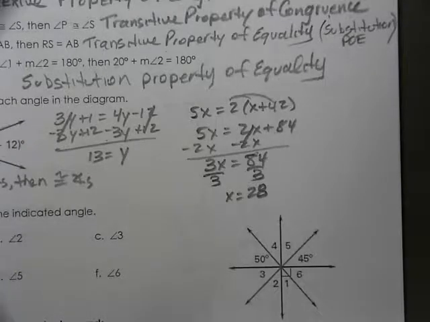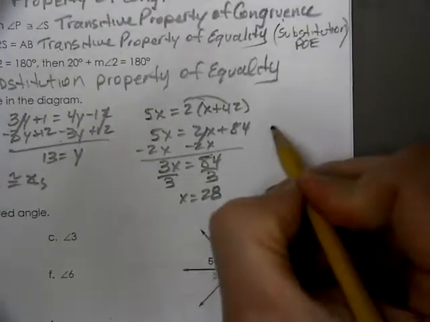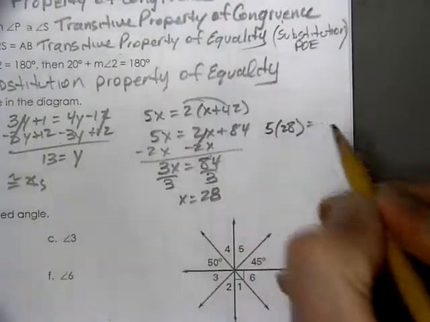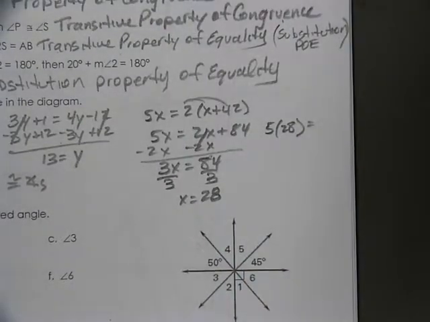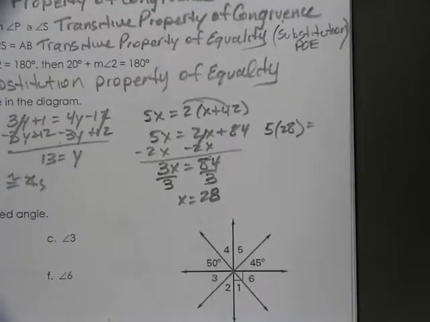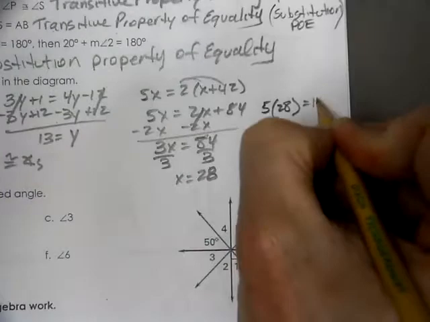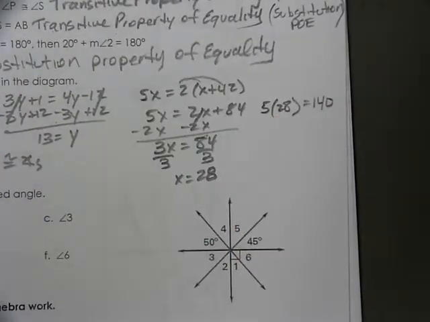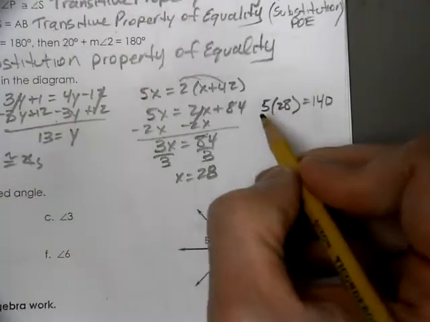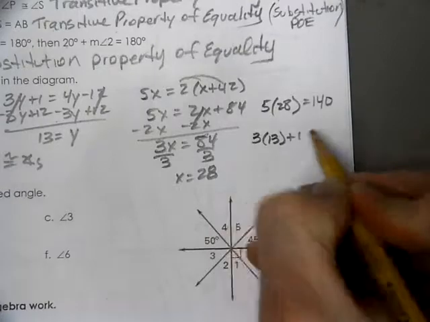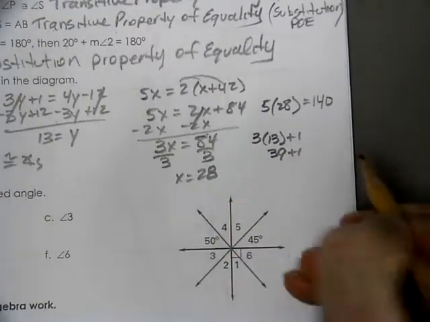Find the measure of each angle. So 5 times 28. It's going to be 140. And that's going to be true to its vertical angle. And for y, 3 times 13 plus 1, 39 plus 1.